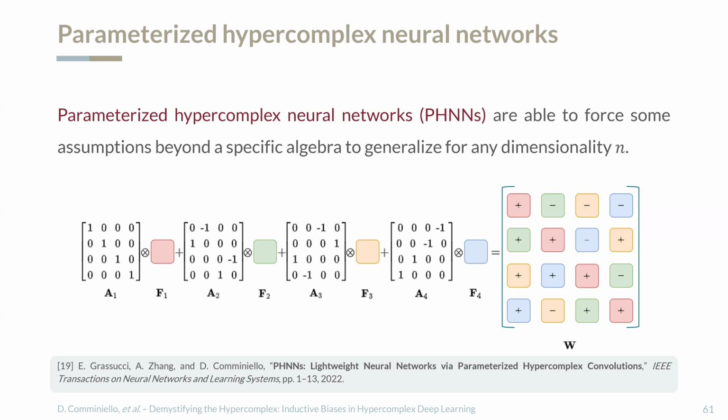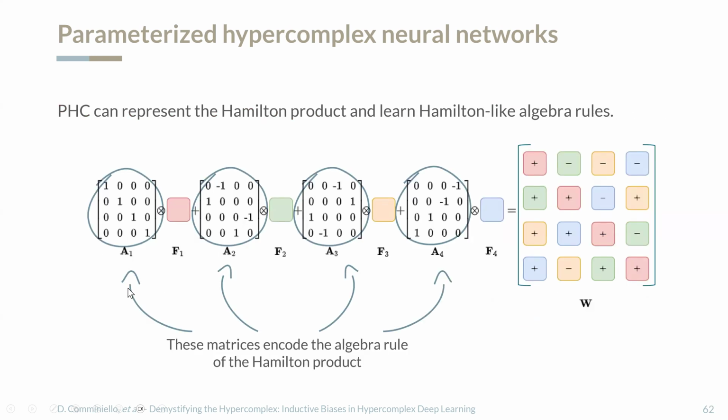These are the matrices that encode the algebra rules. But what happens if we let a neural network learn the algebra rules? Imagine that we don't have this knowledge and we want a neural network that is able to make this kind of 0 and 1 in the right way.